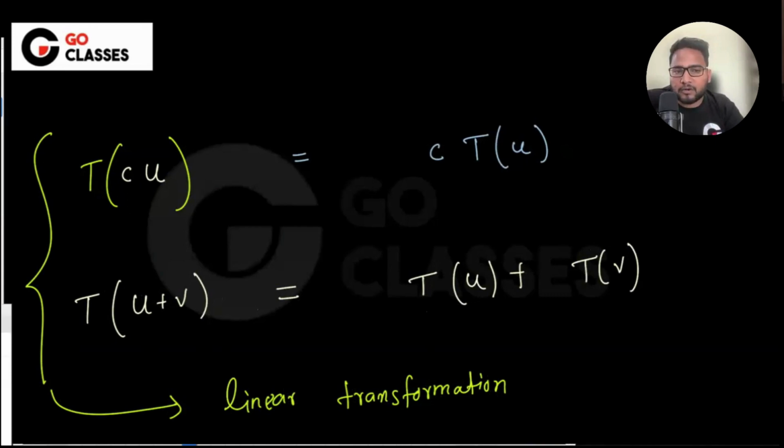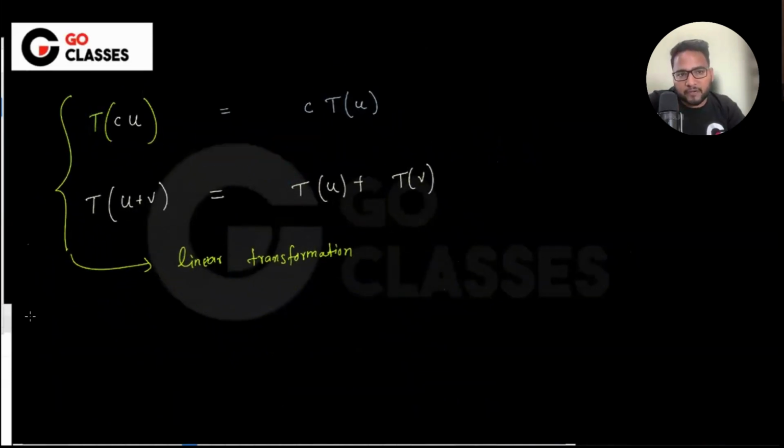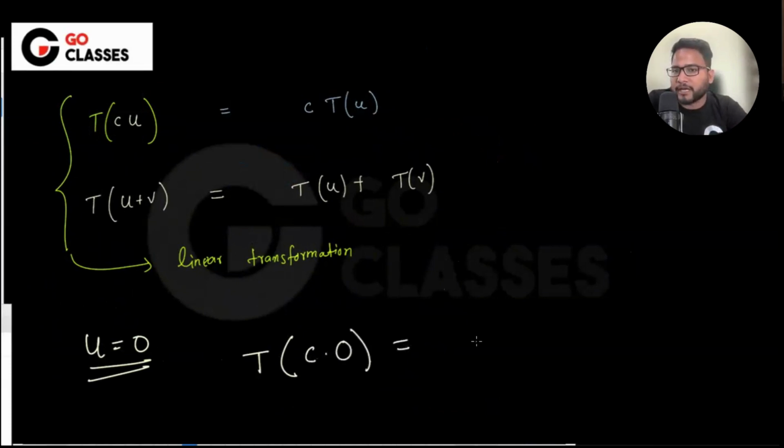Now you tell me, just by looking at these two properties, what about the zero vector in the linear transformation? What happens to the zero vector? What if u is zero? If u is zero, then don't you think that T of c times zero should also be satisfied like this?